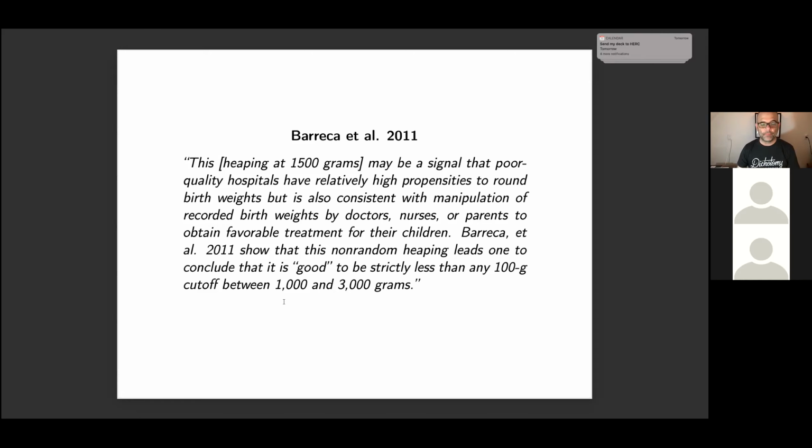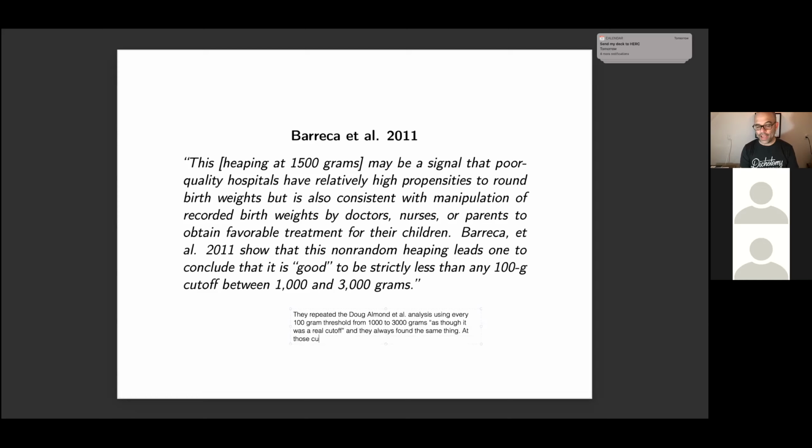In other words, they repeated the Almond et al. analysis using every 100-gram threshold from 1,000 to 3,000 grams as though it was a real cutoff. And they always found the same thing.